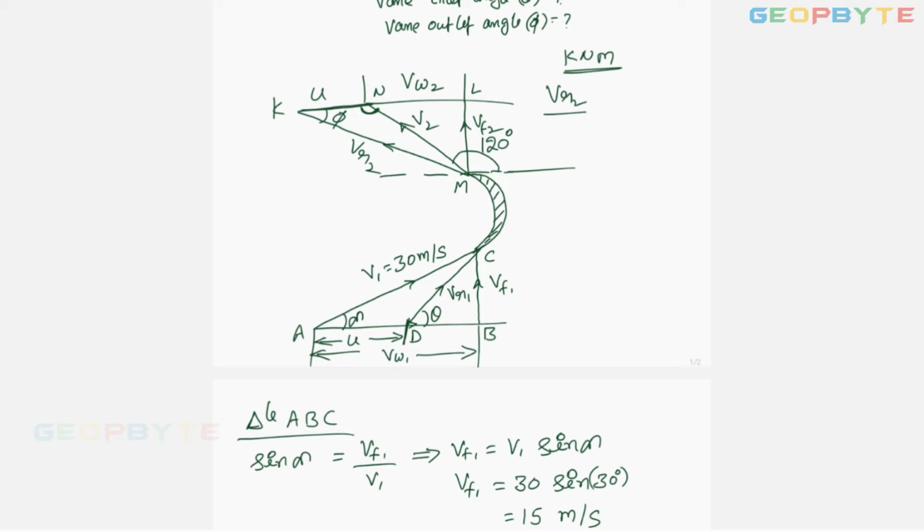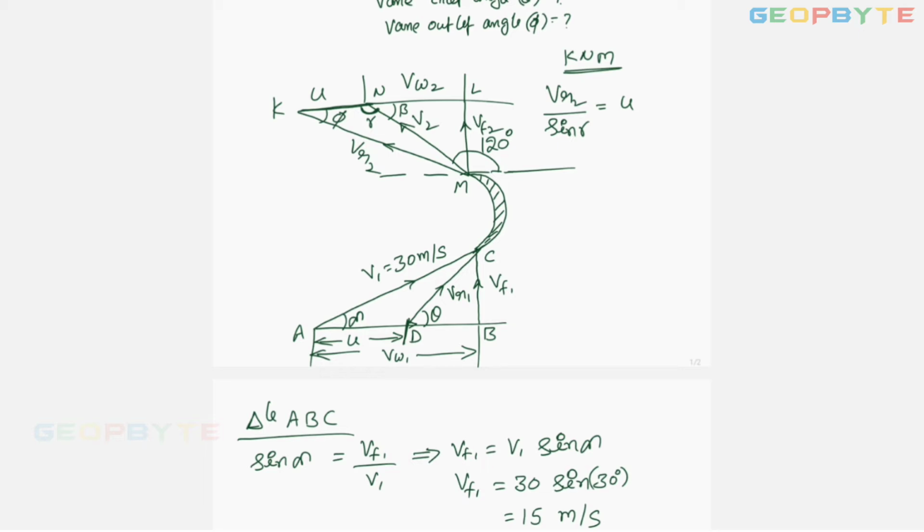Let this be beta and let that be gamma. Vr2 by sine gamma is equal to u by sine of this angle.